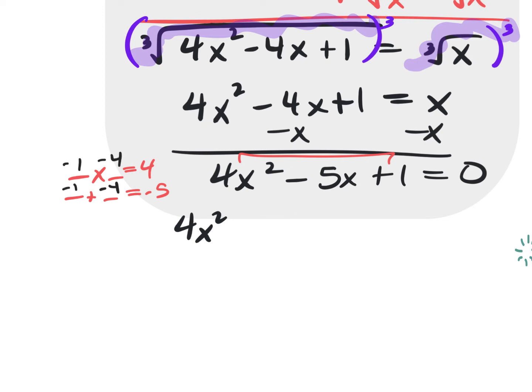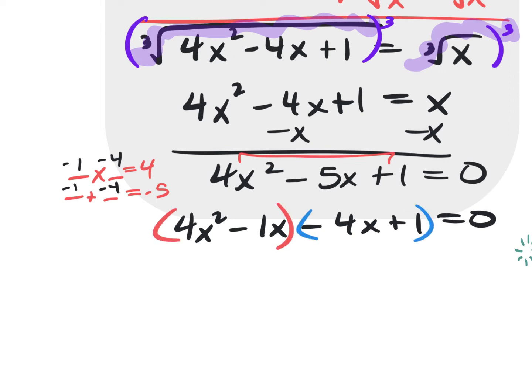And it doesn't matter how you put them in here. You can either put it in with the 4 first or the 1. It doesn't matter. So if I put 1x and then put in the -4x plus 1. If you want to put the 4 first because you see it looks like the first one, you can. Doesn't matter. You get the same answer either way. So my GCF of red is x.